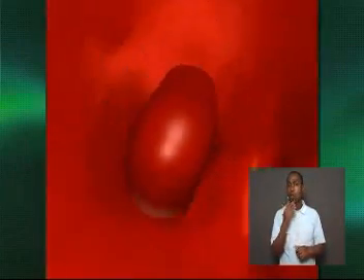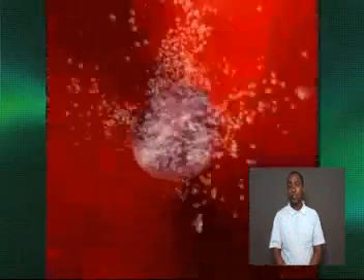Red blood cells are one of the main components in your blood. They transport oxygen from the lungs to all the cells in the body, and they carry away carbon dioxide.